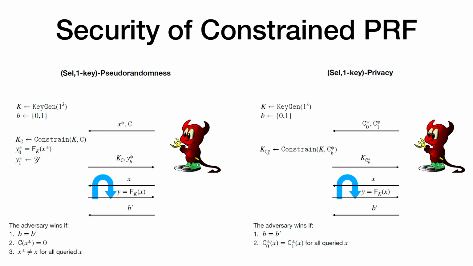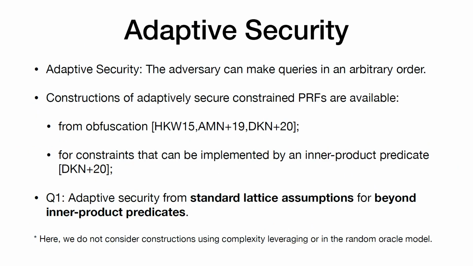However, they may not be sufficient in many applications, and we may need some stronger security properties. One such strong security property is called adaptive security. That is, it allows the adversary to make the oracle queries in an arbitrary order rather than the predefined order. We have constructions of adaptively secure constrained PRFs for various constraints from indistinguishability obfuscation.